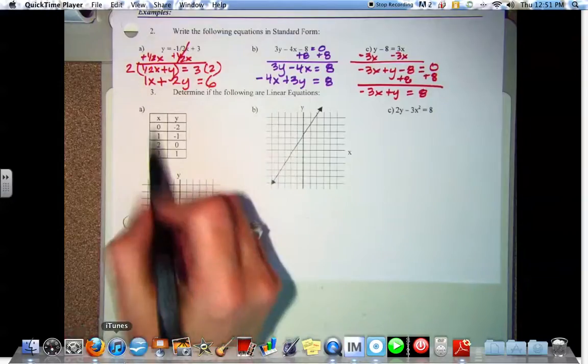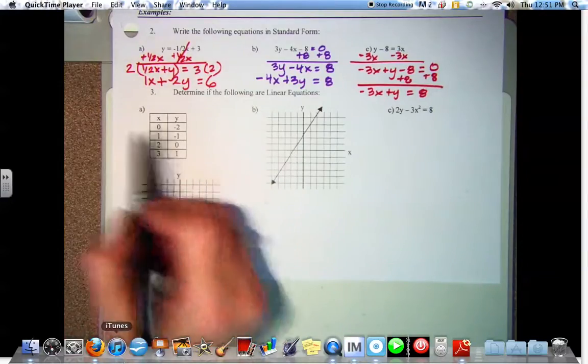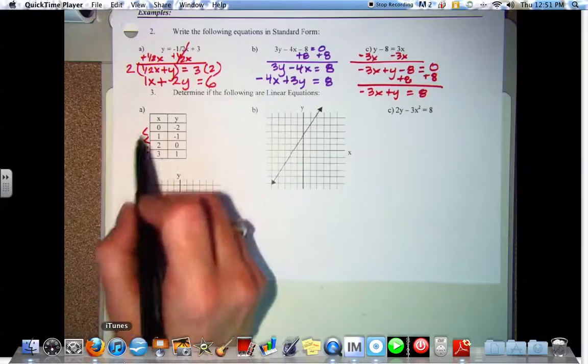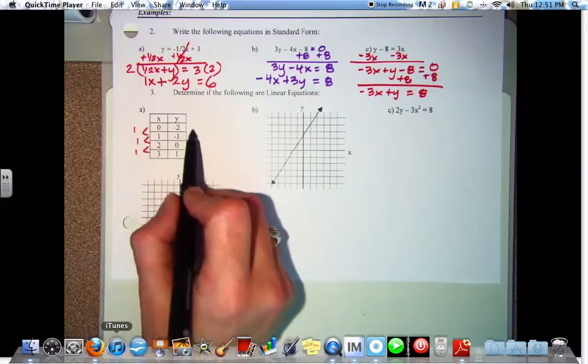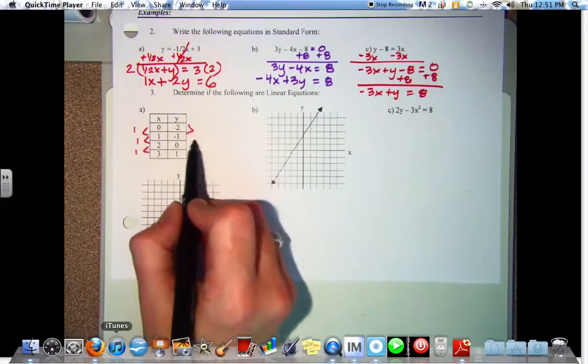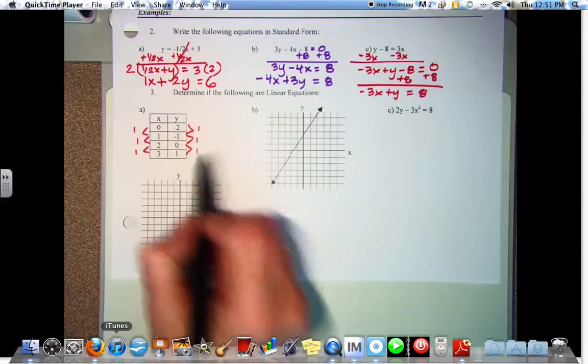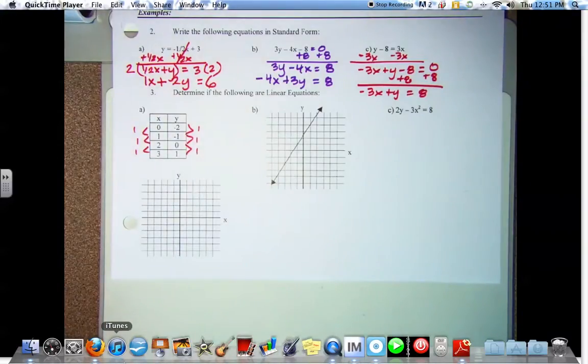So do you see a pattern occurring in the x column? Yes. What do you notice happening in the x column? It's changing by 1. And the y column, do you notice a pattern? Yes, changing by 1. All right, so if there's a pattern occurring in the table, is it going to give us a linear equation?